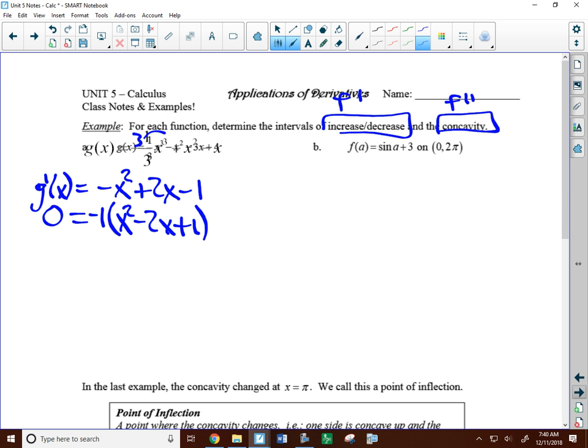So then it will work out. The negative 1 does not give us any solutions. The x minus 1 gives us x equals 1. It's actually a double root, but for our purposes, we just get 1.